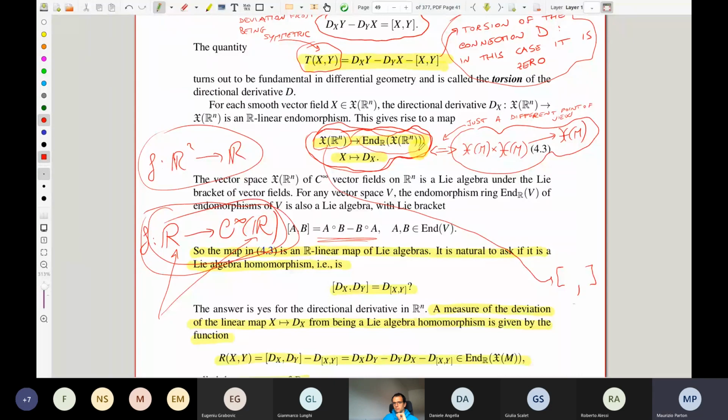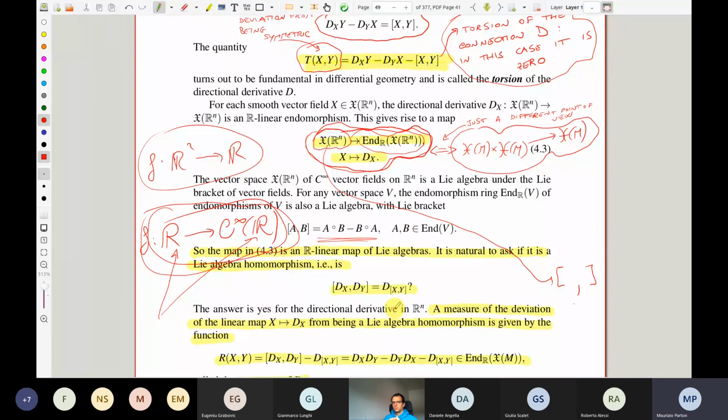What I'm saying is that on the two spaces, we have a structure with the same name. They are both Lie algebras in a natural way. You can say this is not really very natural, but it is natural. And so, is this map preserving this natural structure of Lie algebras?